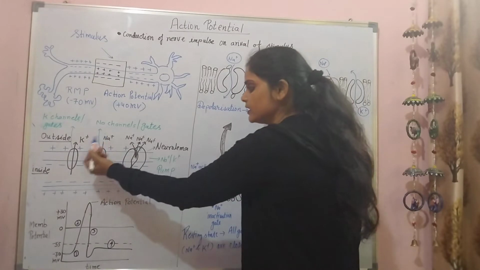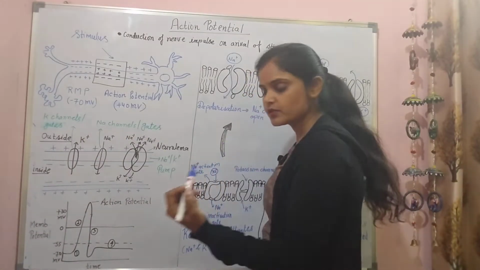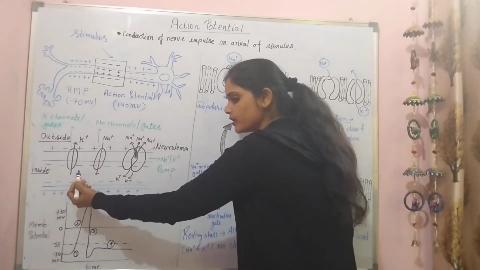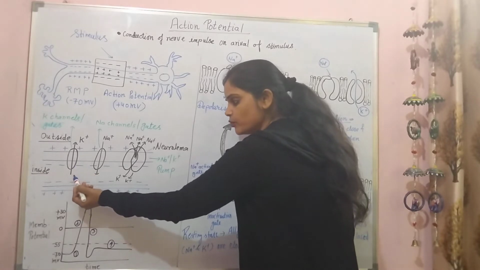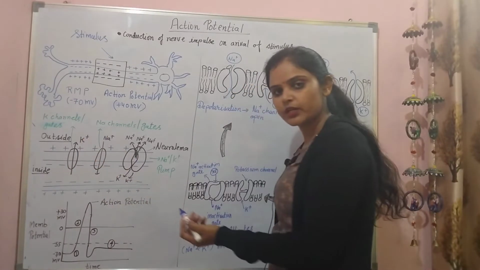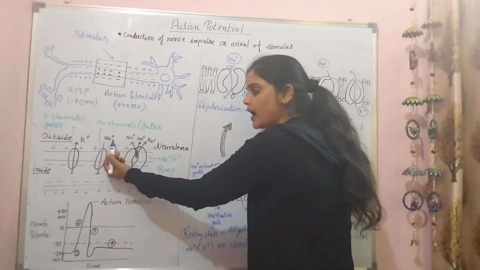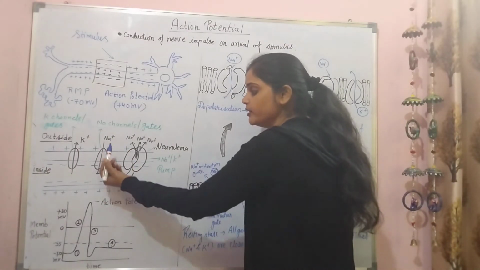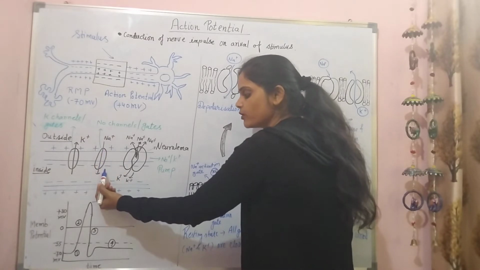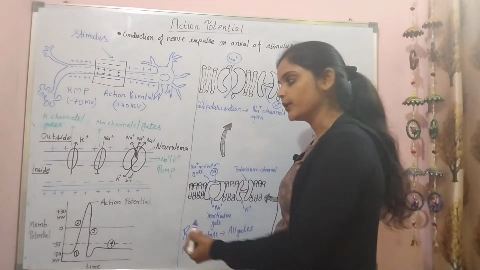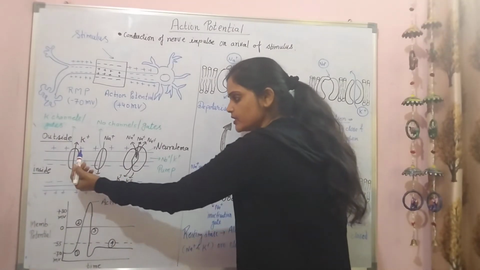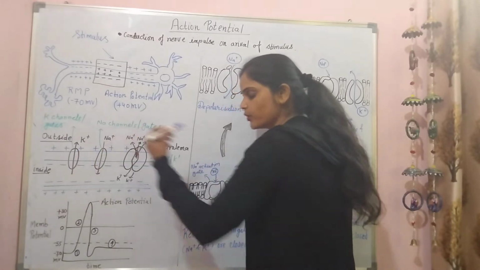Why do both channels work? Because potassium is higher in concentration inside, so it moves from inside to outside down the concentration gradient, and sodium is higher outside than inside, so sodium moves from higher concentration toward low concentration, down the concentration gradient. So these are the potassium channel and the sodium channel.